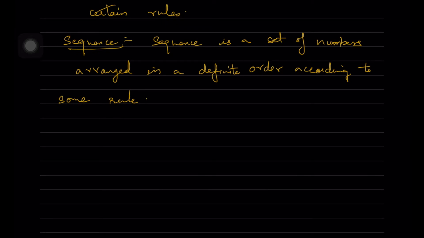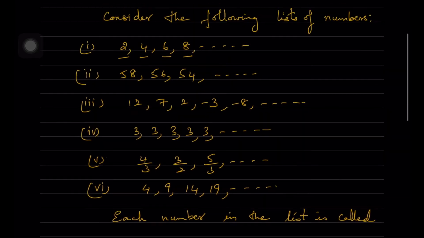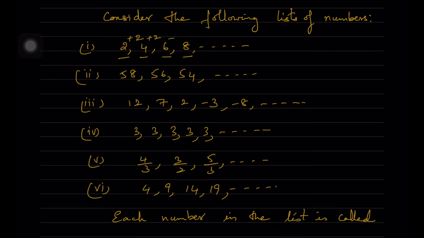Now in each of these sequences written over here, because they follow some certain rule, what is the rule? We'll just see. In the first one we can see that each term is 2 more than the previous term, the preceding term. So if you add 2 to 2, you get 4. If you add 2 to 4, you get 6. If you add 2 to 6, you get 8.